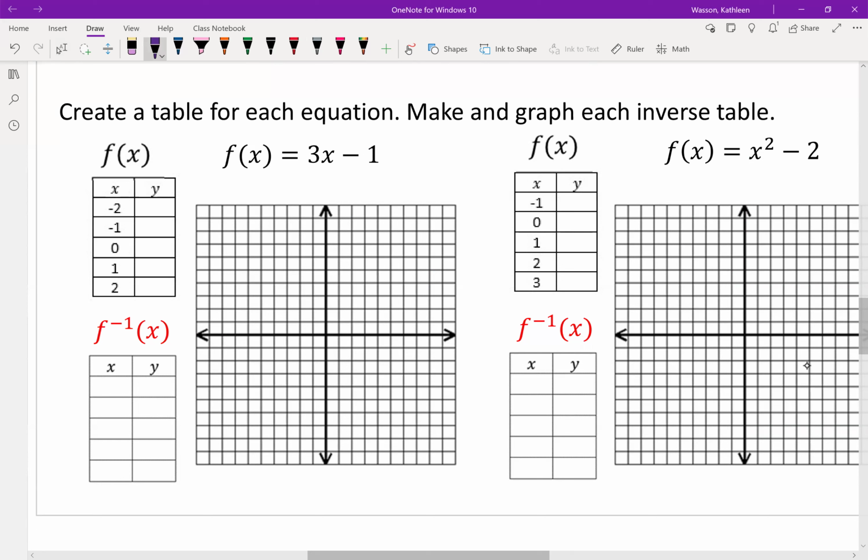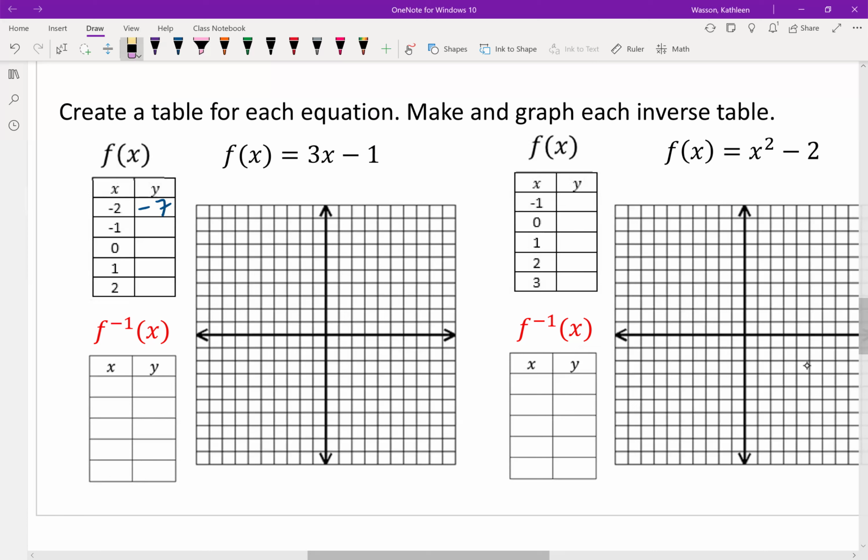So I'll use this f of x equals 3x minus 1 first. I'll just substitute each x into the original equation. When I use x is -2, I'll have 3 times -2 minus 1. So I'll have -6 minus 1. That's -7.